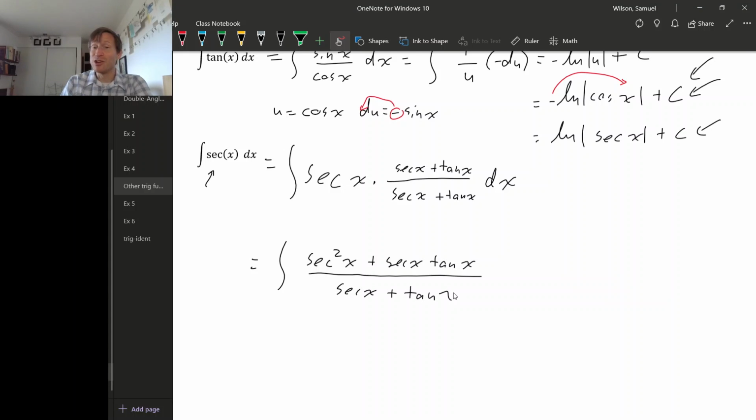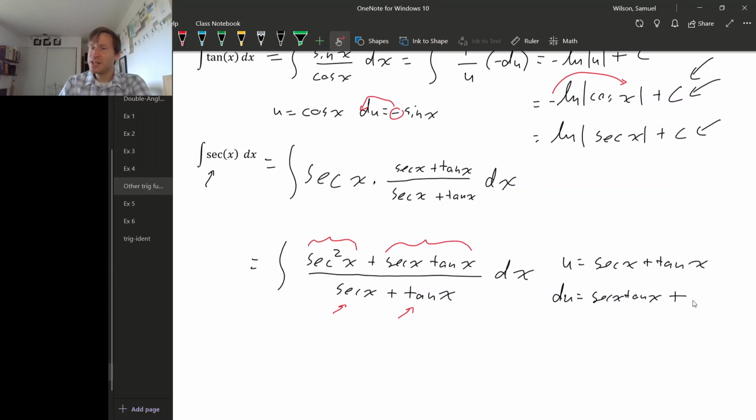Now this may still look like an incomprehensible mess, but look at this piece: secant squared is the derivative of tangent, and secant x times tangent x is the derivative of secant. So this whole thing is set up for a u substitution. We can let u equal secant x plus tangent x. Then du is the derivative of secant x, which is secant x times tangent x, plus the derivative of tangent x, which is secant squared x.